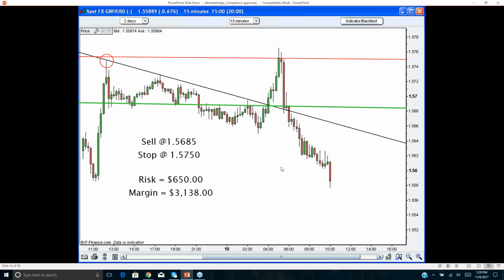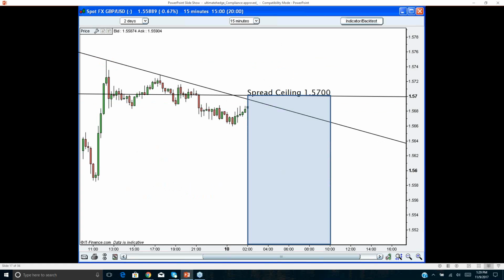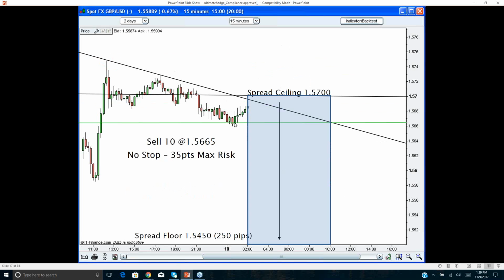Okay, that's Forex trading. Now, what if we were trading a spread in this very same exact chart and very same exact scenario? Remember, we were right here wanting to what? Sell, because we thought the market was going down.